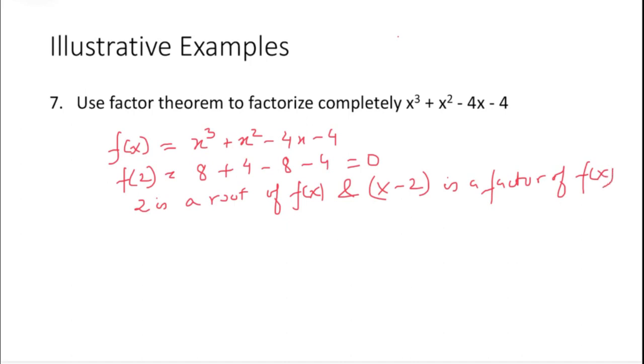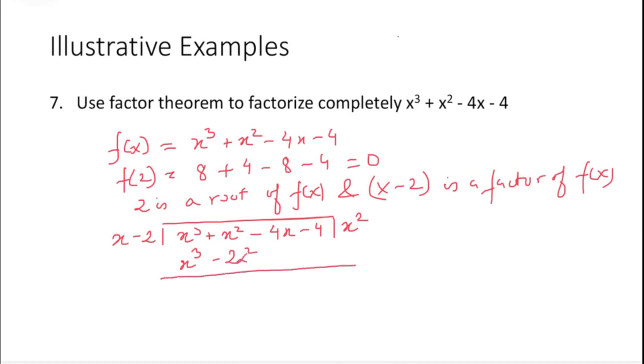Is that clear? So if that is so, then we can get the remaining part of this equation by dividing this f(x) by x minus 2. So let's do the division. So x minus 2 divided into x cube plus x square minus 4x minus 4. So first let's multiply x minus 2 with x square to get x cube. So multiplying, we get x cube minus 2x square.